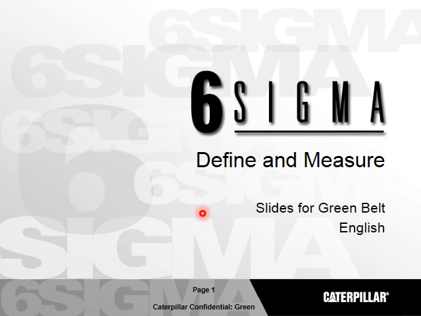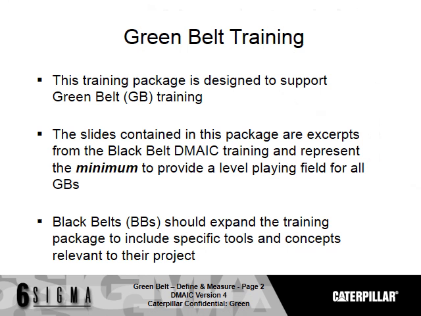This presentation will show us what the define and measure stages involved in a Six Sigma project are. So in this green belt training, this is the training package designed to support the green belt training.